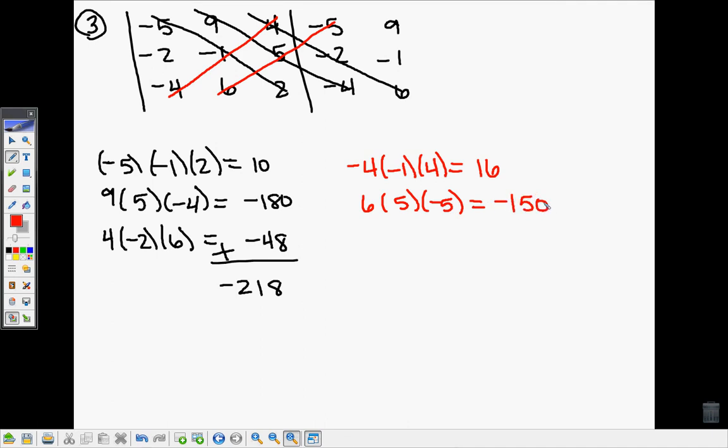Negative 150. Third diagonal, this one. 2 times negative 2 times 9. What's the answer? Negative 36. What do you do with all three of these? Add. Take a minute, use your calculator, and add those up.